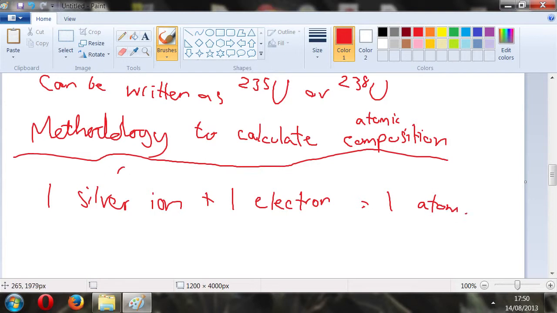So what you can see is the ion is plus, and the electron is minus. It goes up to the plus and then back down. There's not really much more I can say about that.